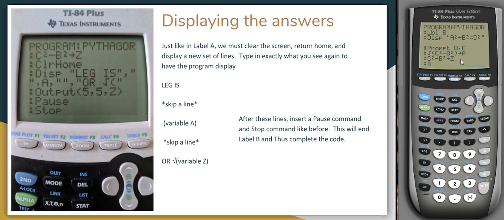Now that we know what the formula is, we're just going to run through everything like we did before. Begin by clearing everything on screen and going back home.